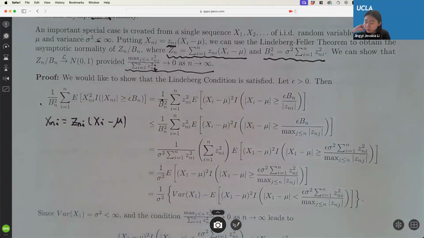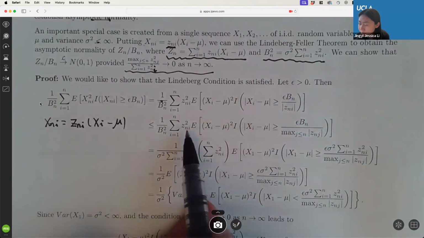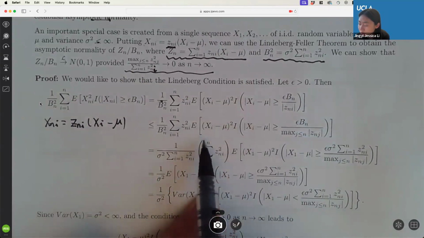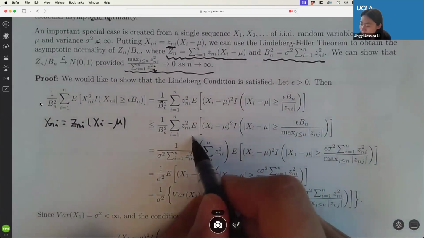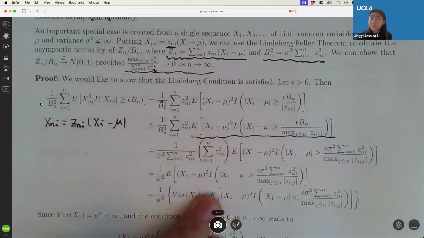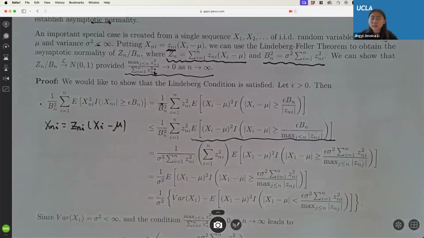And then you can see that another thing is we can actually now say, okay, this expectation is no longer specific to i. Why is that? The reason is because x1 to xn are IID in this setting.